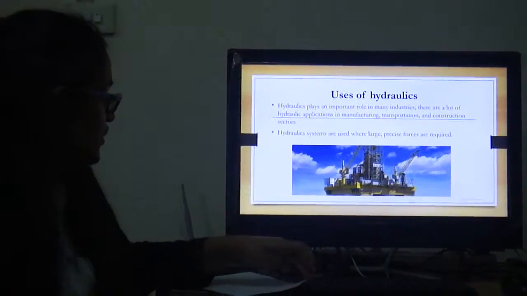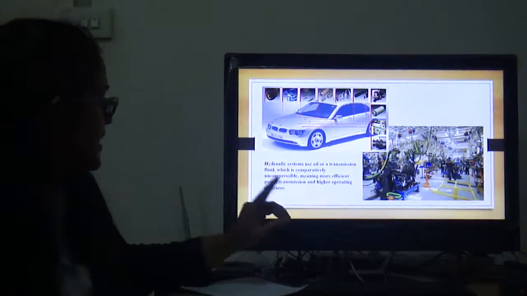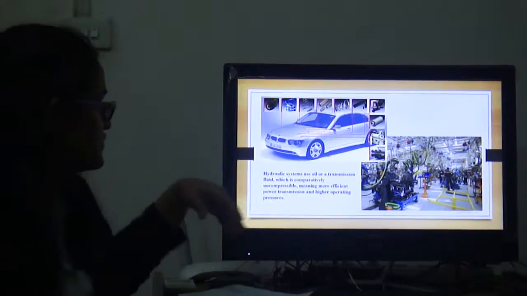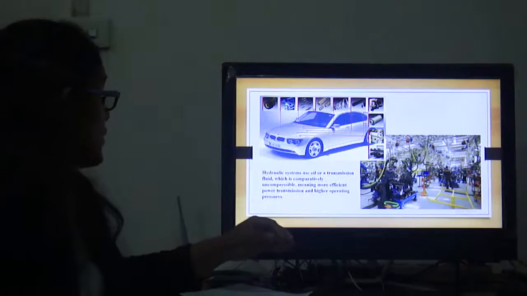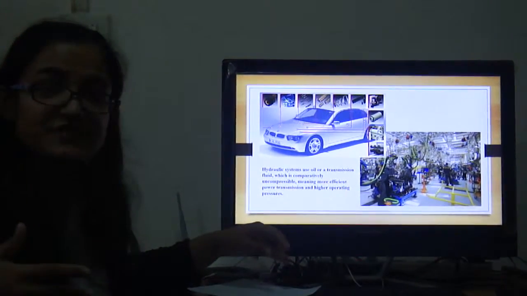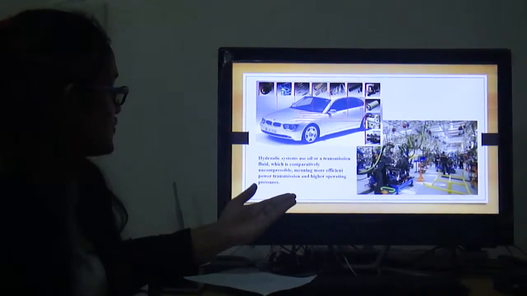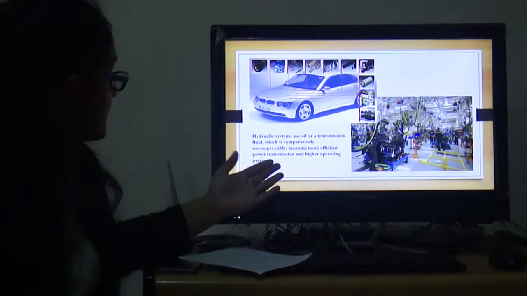It's used around the world. One advantage is that a hydraulic system uses oil as the transmission fluid, so it's comparatively incompressible, meaning it's more efficient, and the power transmission is higher and gives a higher operating pressure.